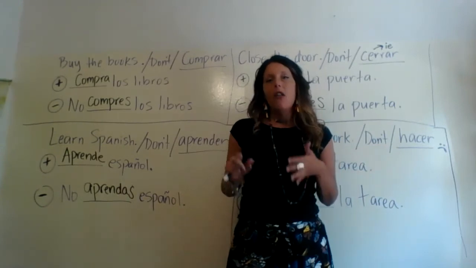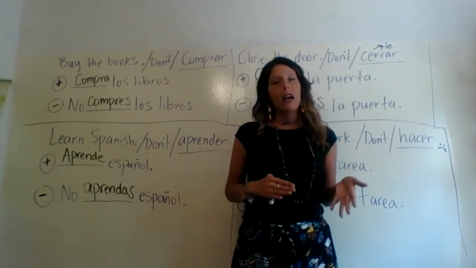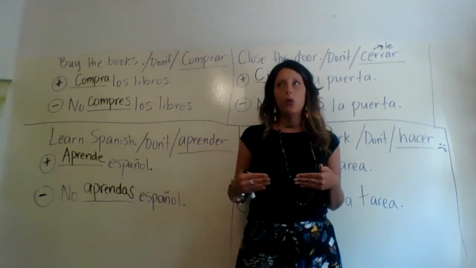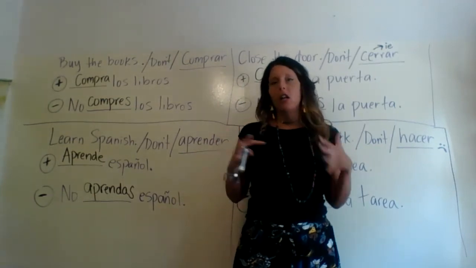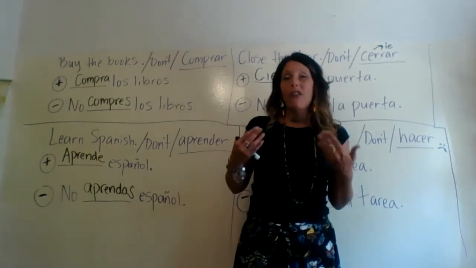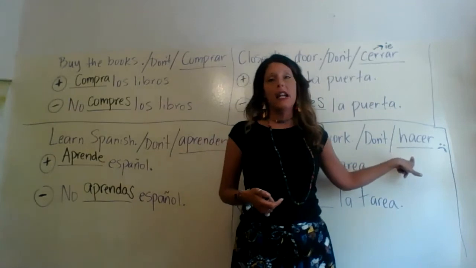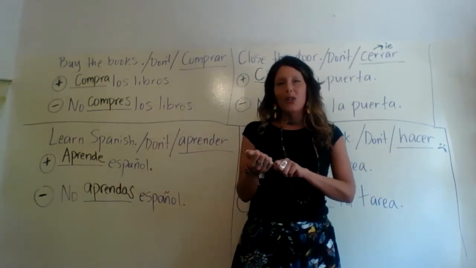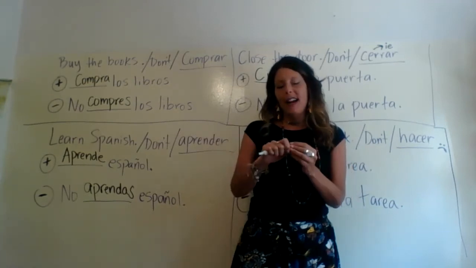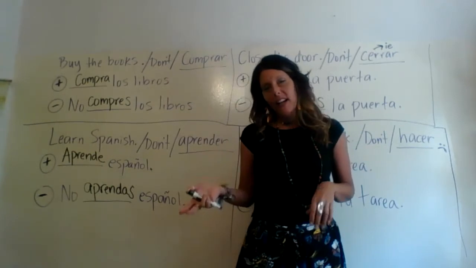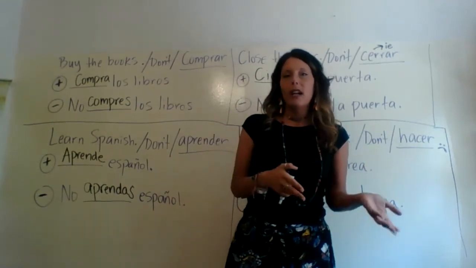On the other hand, there is a way to get us to all of the negative informal tú commands by following certain steps. So we're going to do the negative together, but the affirmative of this verb hacer just has to be memorized by looking in your course materials or by looking at the video that I have for you about irregular informal commands.